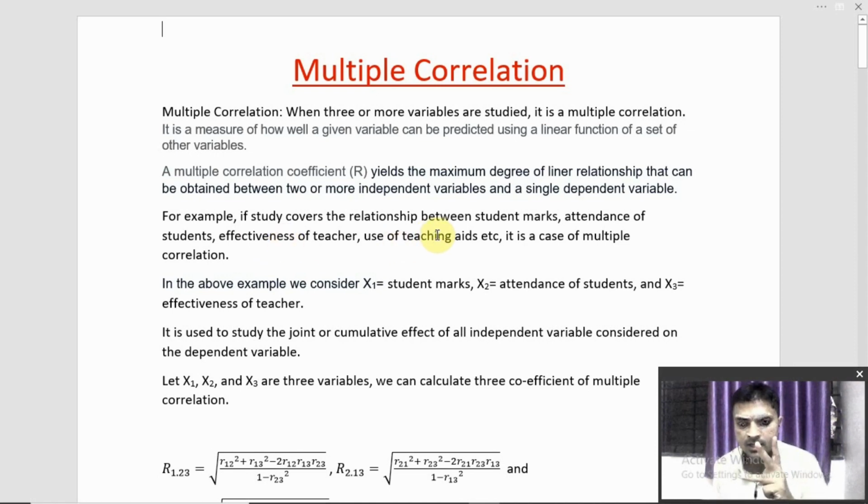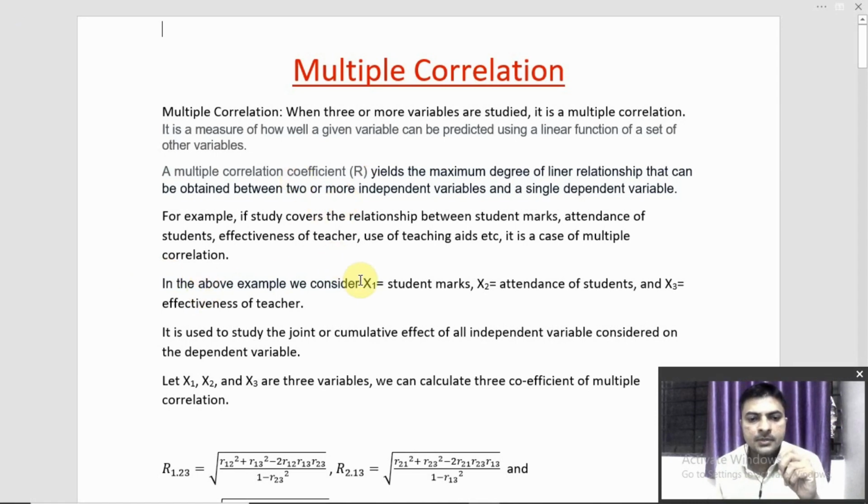How are teaching aids used? Teaching aids like chalk, duster, projector, presentation, and some other materials used in teaching. So all these variables are going to affect, and how they are related is more important. These are all examples of multiple correlation.